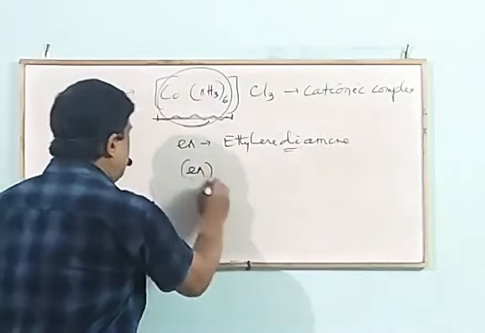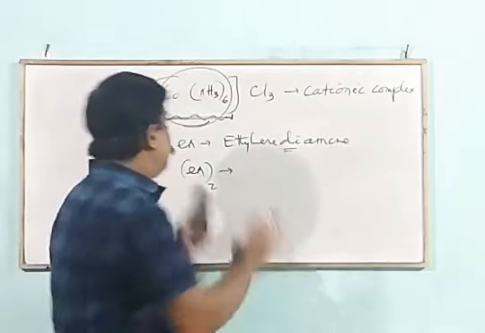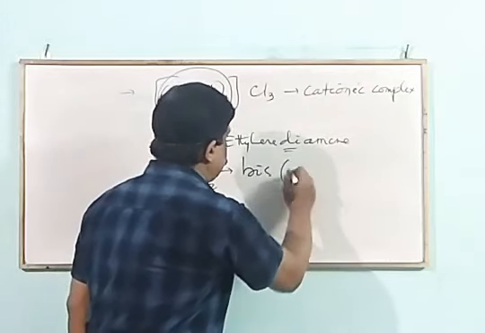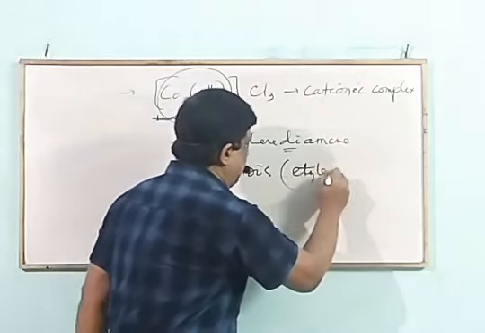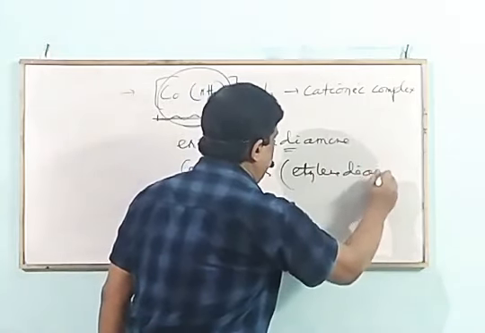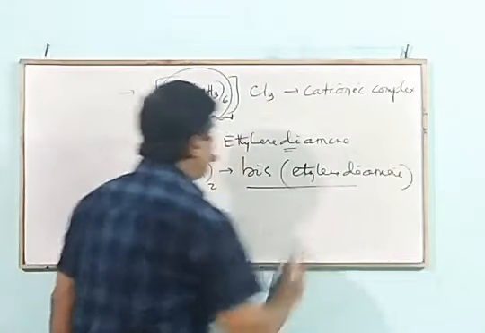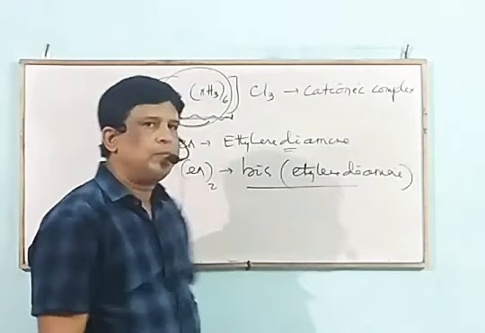So if en2, two molecules are there, instead of diethylenediamine, we use bis(ethylenediamine), represented in parentheses without any space between them.